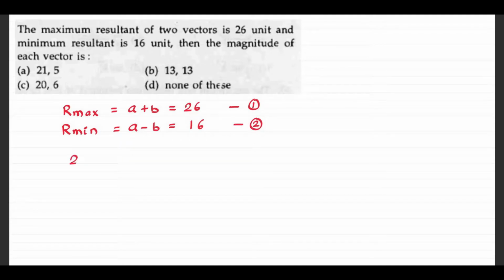If I add 1 and 2, I will get 2A is equal to 42. So A is 21. And if I put this in equation 1, I will get B as 5. So these are the required magnitudes. Can I say that is option A then? Fine. Let's move on to the next question.